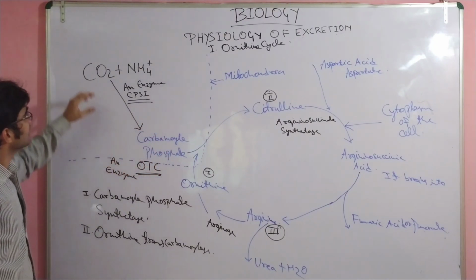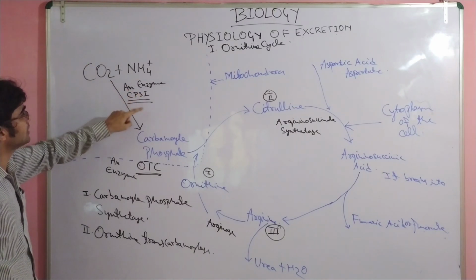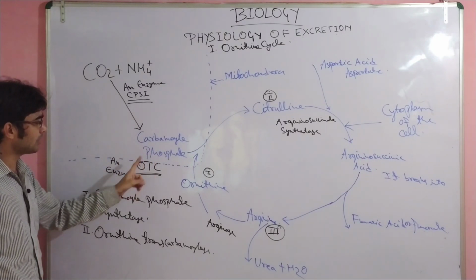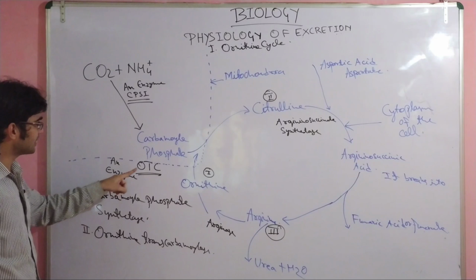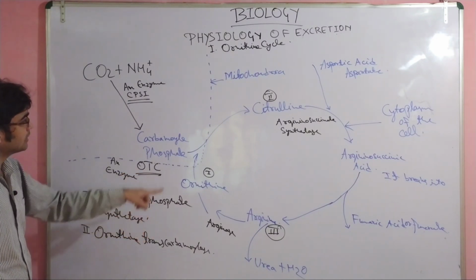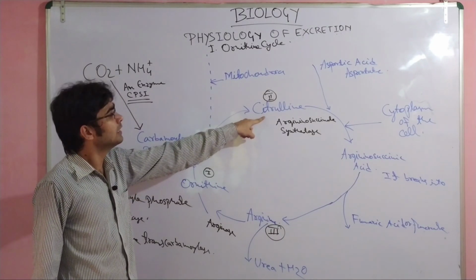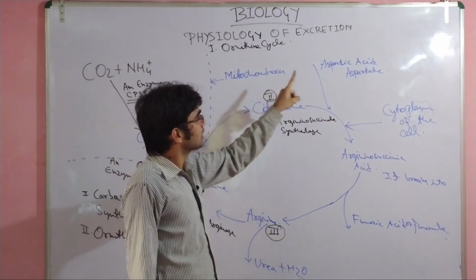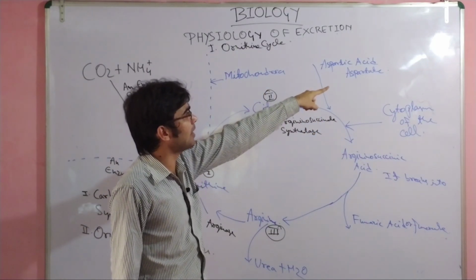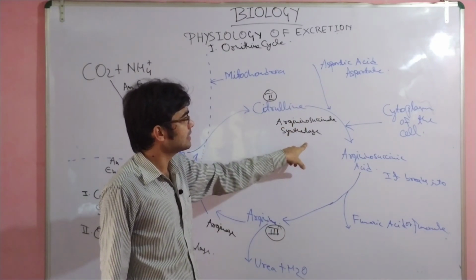So as you know, CO2 combines with ammonium with the help of the enzyme CPS to yield carbamoyl phosphate. Carbamoyl phosphate combines with ornithine in the presence of OTC, the ornithine transcarbamylase enzyme, and forms citrulline, the second amino acid. The citrulline combines with aspartic acid or simply aspartate in the presence of argininosuccinate synthetase.